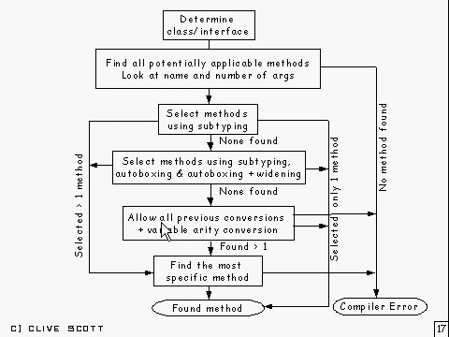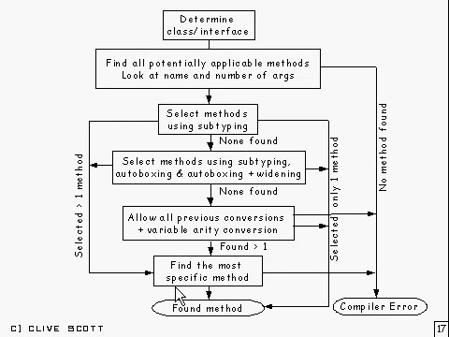And this phase only looks at variable arity methods, and you allow all the previous types of conversion, so that's method invocation conversion, plus you allow for a variable number of arguments, a variable arity type conversion. And if you found more than one, you sort them out on most specific. If you've found only one, then you're finished. If you haven't found any, though, that's a compiler error.